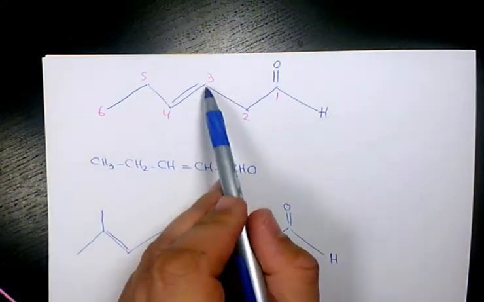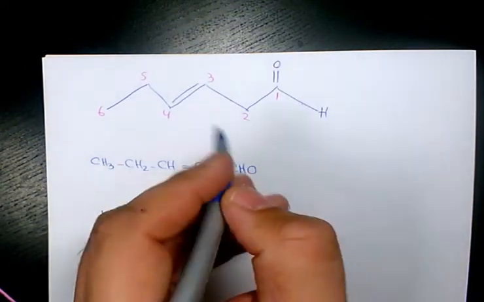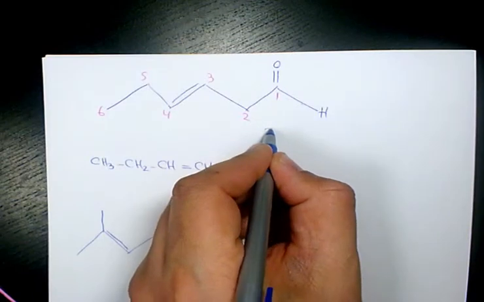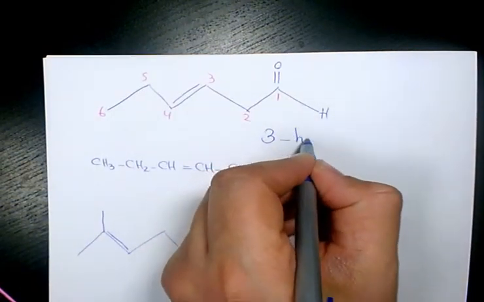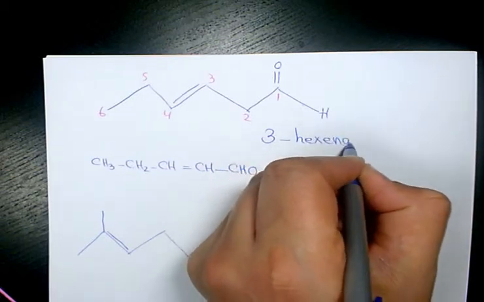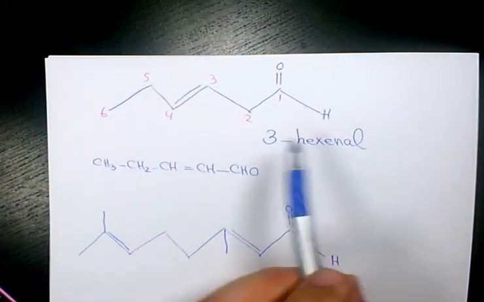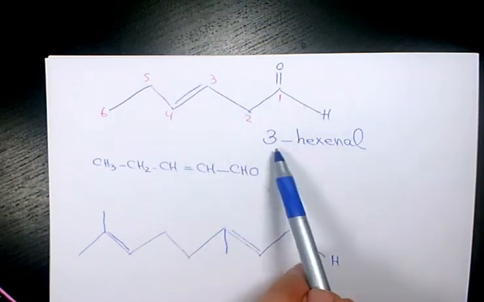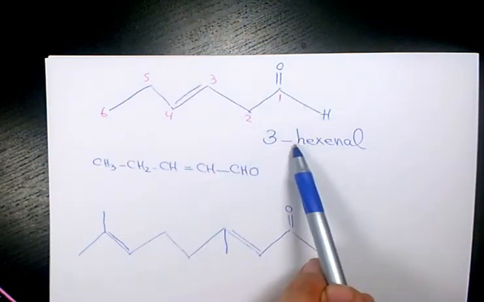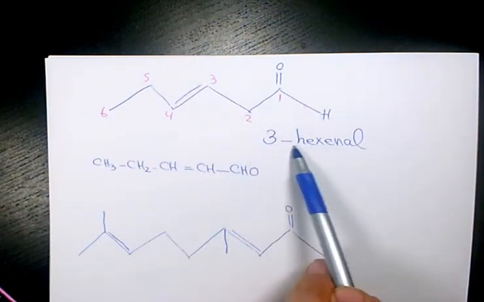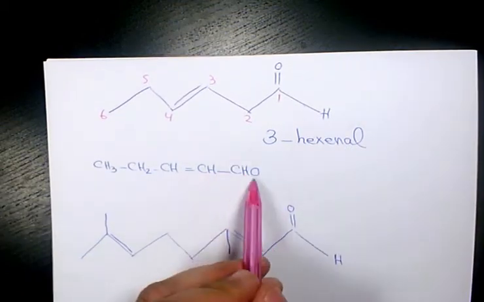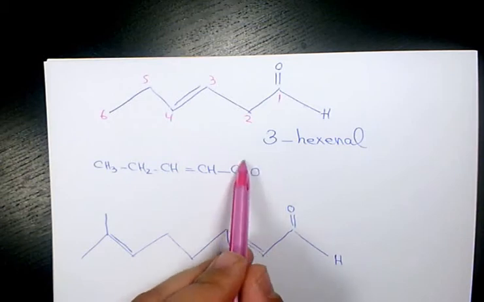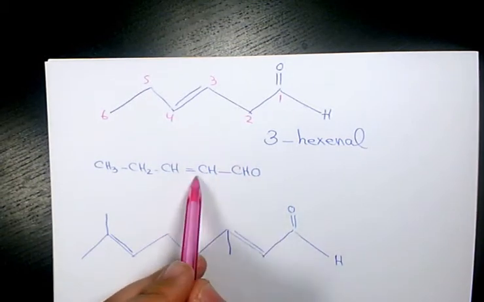We have a double bond on carbon number 3, so I'm going to call it 3. Instead of hexanal, I'm going to call it hexenal. Hex-E here. Why? Because we have a double bond. So instead of hexanal, we have 3-hexenal.